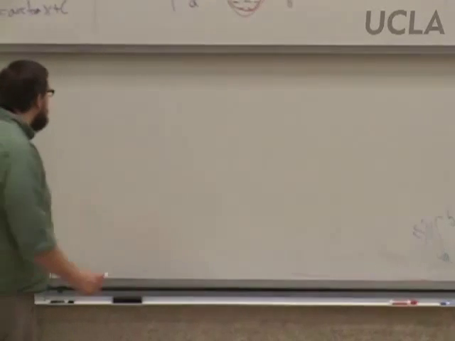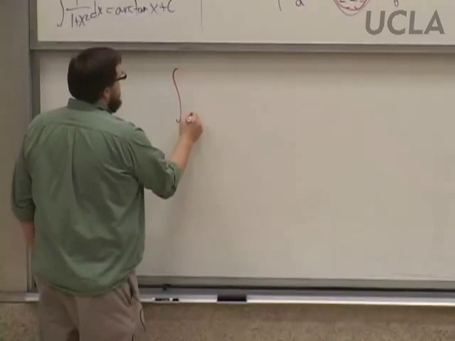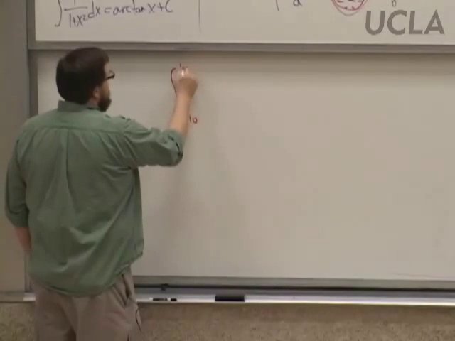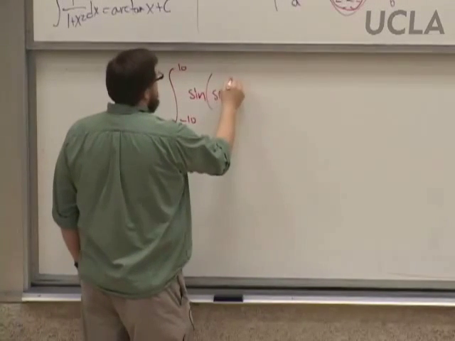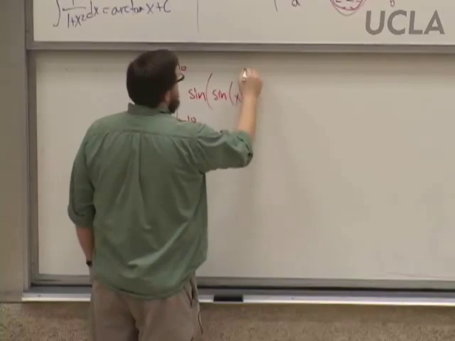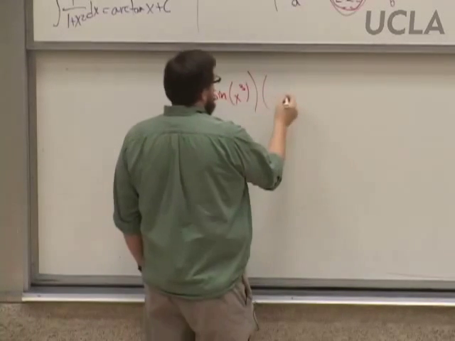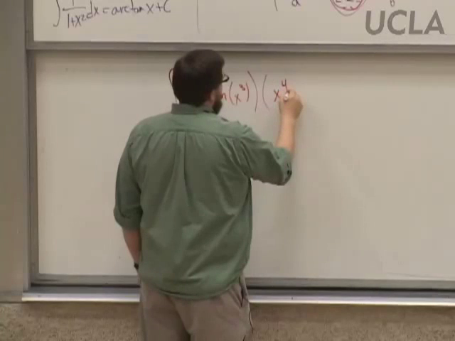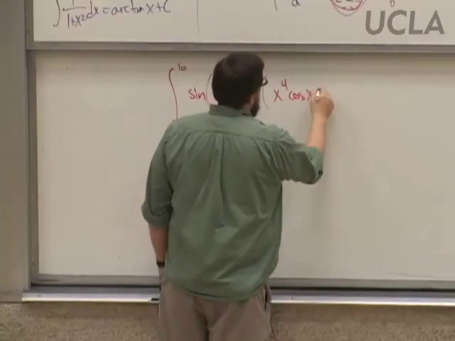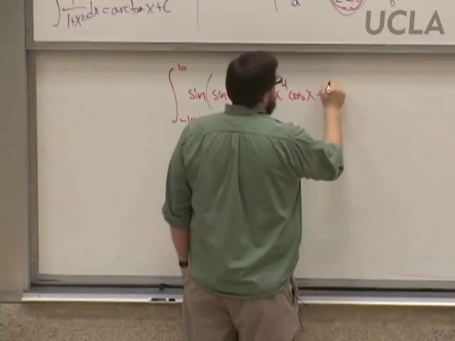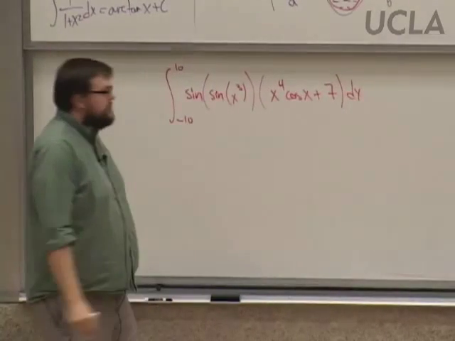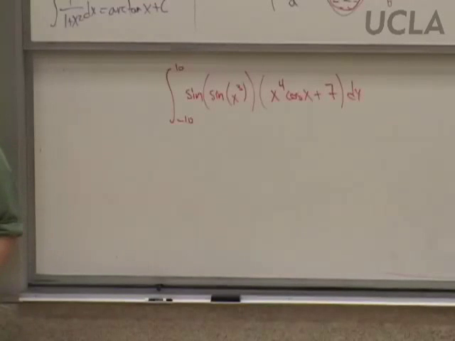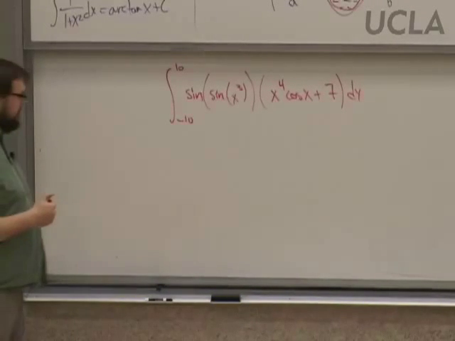What's the integral from negative 10 to 10 of sine of x cubed times x to the fourth cosine x plus 7 dx?